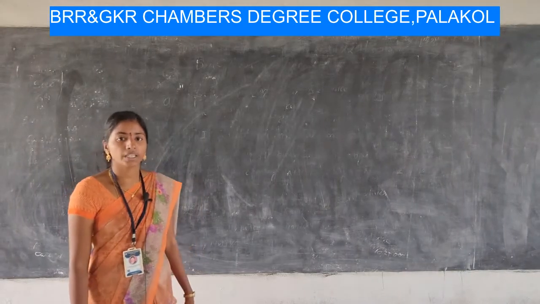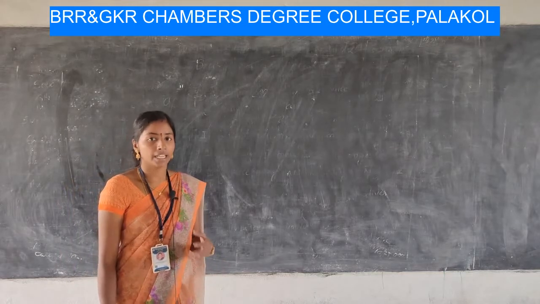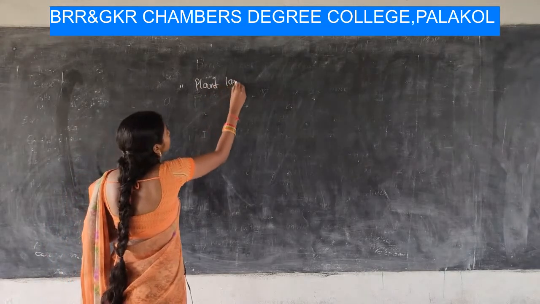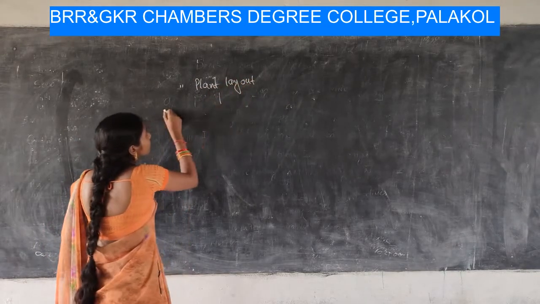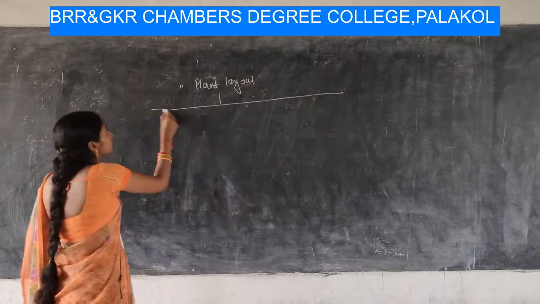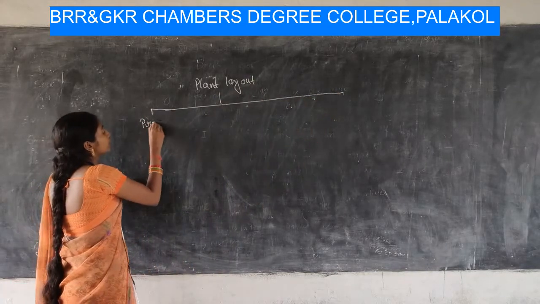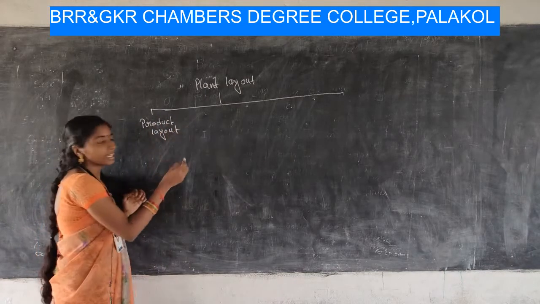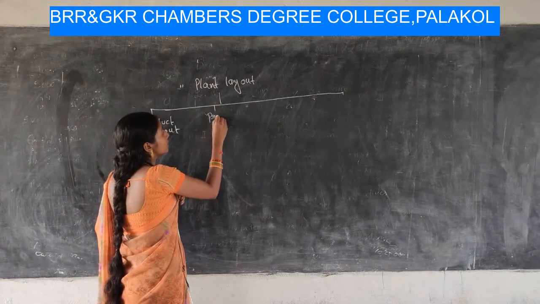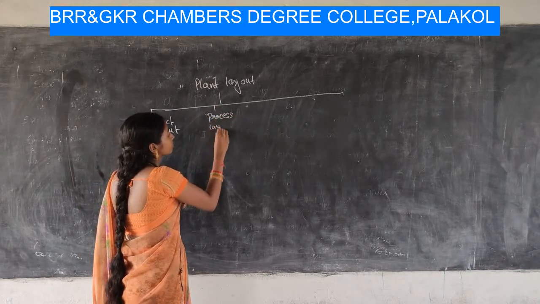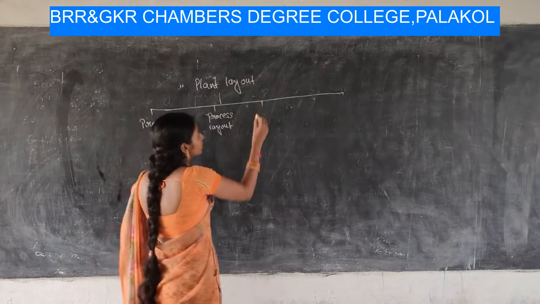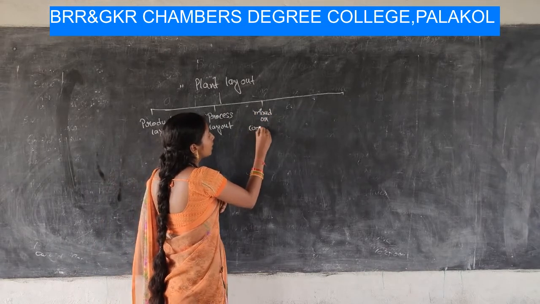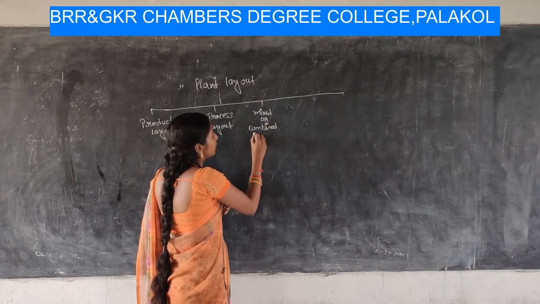And the next topic is different kinds of plant layouts. The plant layouts are categorized into six types. First one, product layout. Second one, process layout. Third one, mixed or combined layout.